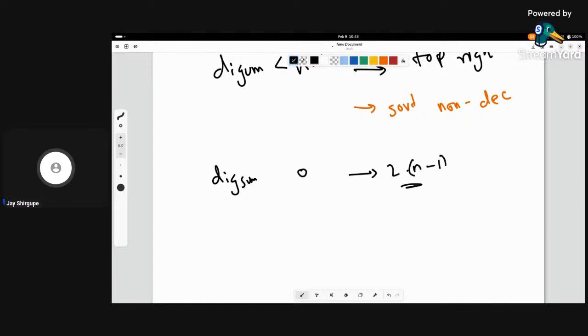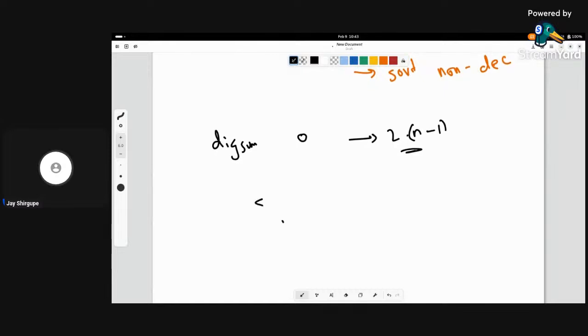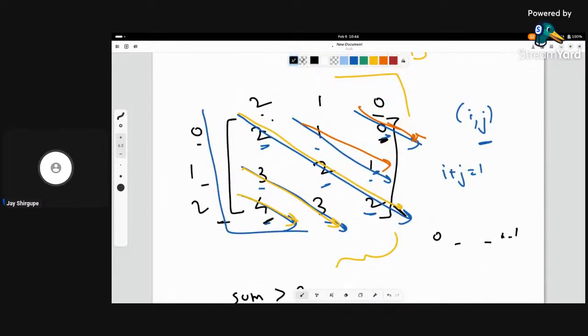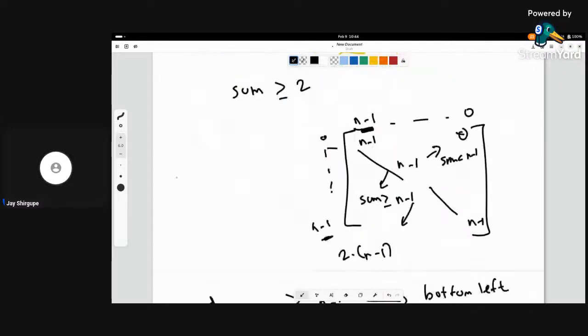Then you say that, okay, this is the sum that we have fixed. Then which i and j satisfy i plus j equal to s? Whichever i and j satisfy that i plus j equal to s, those i, j would lie on this diagonal. So say you fixed 2, then whichever i, j satisfy i plus j equal to 2, those would lie on this diagonal.